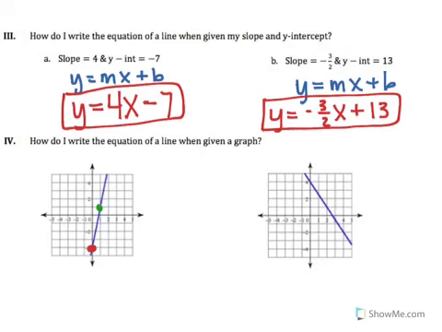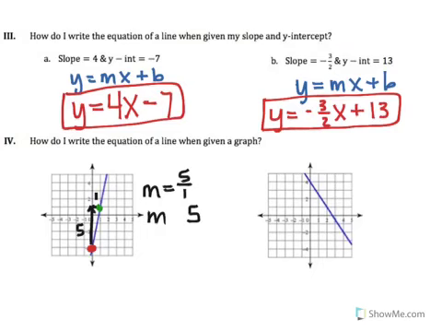Okay, so I can use my rise over run. From the red point to the green point, I'm going up 1, 2, 3, 4, 5. So that's a positive 5. And I'm going right 1. So I know here that my slope is 5, which is my rise over run, and I need to simplify that.